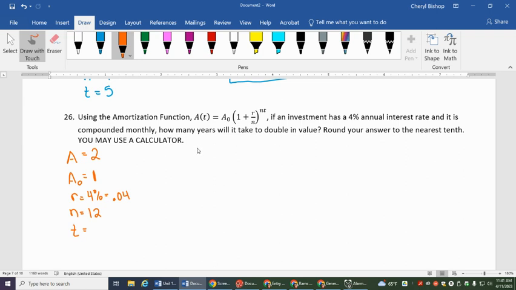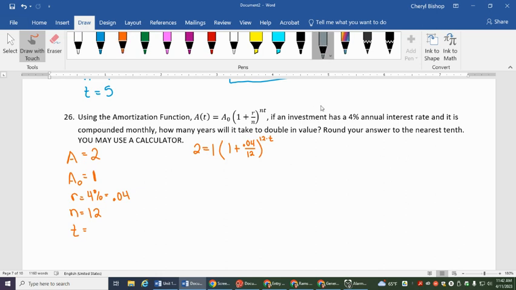So A is 2, equals A sub 0 is 1, times 1 plus R, 0.04, over N, 12, to the N, 12 times T power. Now, normally we would divide by that 1 in front.